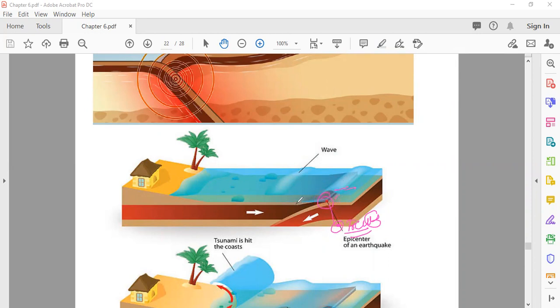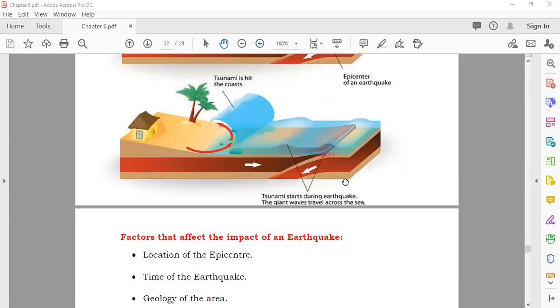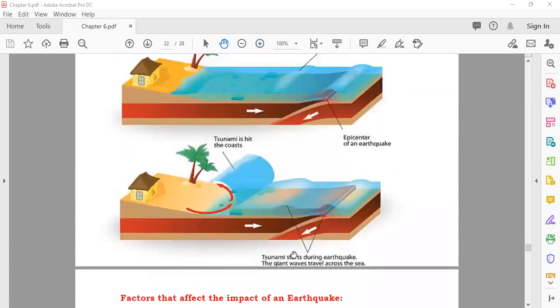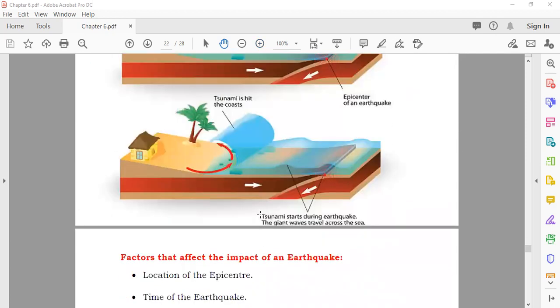When there is an earthquake under the water, the water level will increase and it produces a storm in the water, and the waves become really high and come over all this dry area. So that is known as a tsunami. See now, the tsunami starts during the earthquake inside the sea.